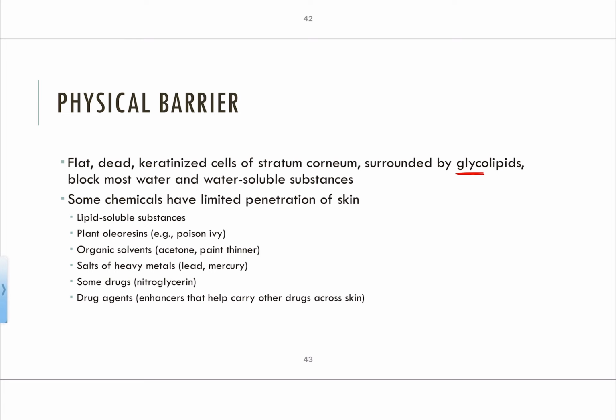These are going to actually dissolve the lipids that are inside the cell, which is not good. Salts of heavy metals, so lead and mercury, those can also penetrate the skin. Some drugs, and then some drug agents called penetration enhancers. They're placed there on purpose so that drugs can actually go through and cross the layers of our skin.